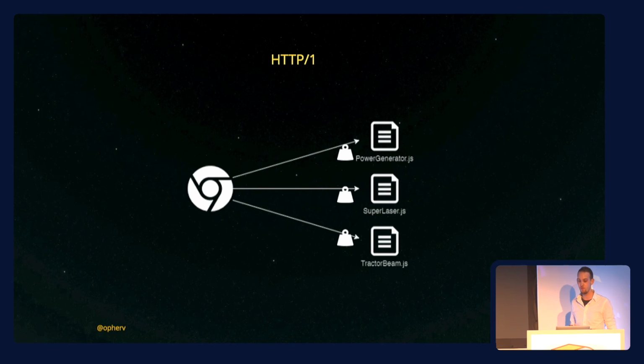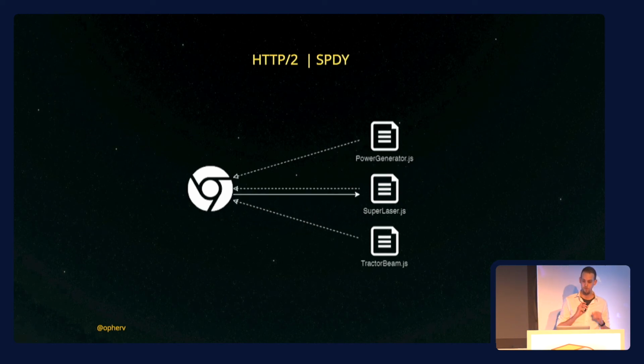We talked about HTTP 1.1, and we saw how with HTTP 1.1, if you have a lot of files leading to a lot of requests, you have a lot of overhead. So HTTP 2, based on the SPDY protocol, aims to solve that. Instead of bundling everything together, it allows you to send essentially one request, and then get all the files that you eventually need.